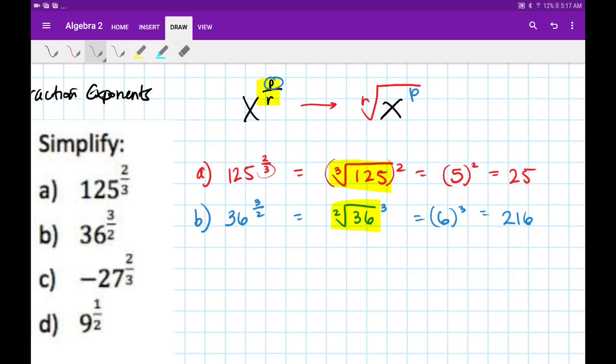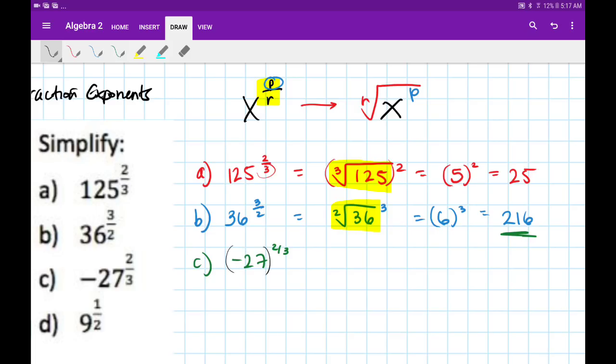All right, part C. Now we have negative 27 to the 2/3. Okay. I just checked my math. Okay, this was good. All right, moving on. So negative 27 to the 2/3. Here's the interesting thing about that negative there. It is not inside my parentheses.